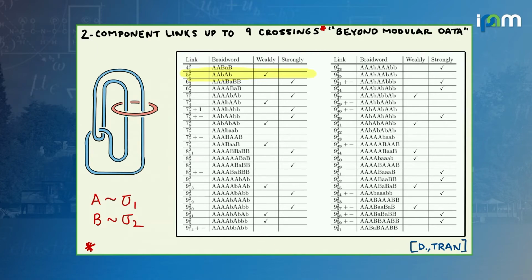And I almost certainly got the convention wrong, but I think I got it right in at least one of my papers. So we asked whether they distinguish these things weakly or strongly, which just meant either with the help of the modular data, so S, T plus whatever you're looking at, or strongly, by which we meant it's a complete invariant on its own. Forget about S and T. If you just compute this one invariant, you're golden.